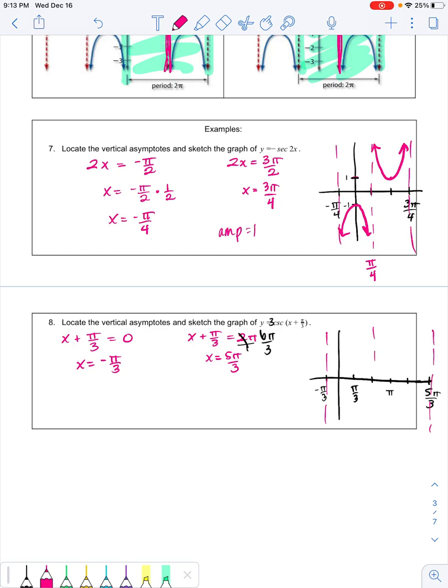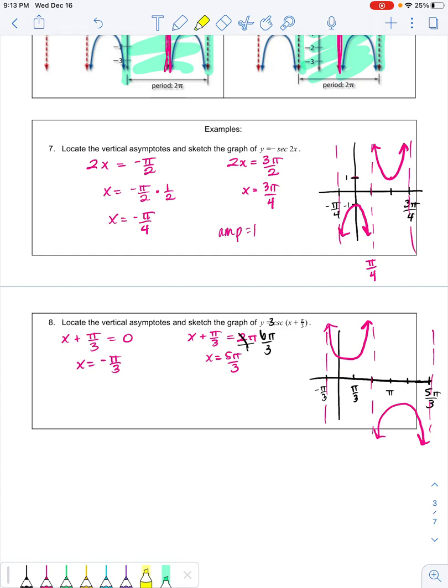So that's going to be at 2 pi over 3. Now, because this is cosecant, it's going to start high on the left, and I'm actually just going to sketch that, and then we'll fill in some values. It's going to be high on the left and low on the right.